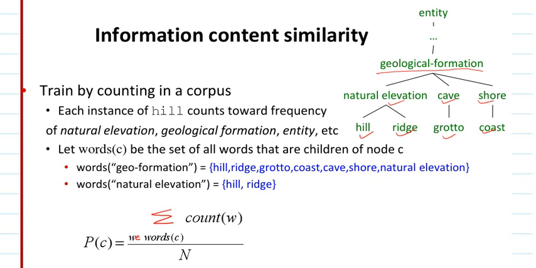So for a given corpus, we count the frequency of all these words. Then the probability of the concept natural elevation, P of natural elevation, is equal to the count of hill plus the count of ridge, that is 10 plus 21, divided by the total number of words, suppose the total is 100 in the corpus, so it becomes 31 by 100.